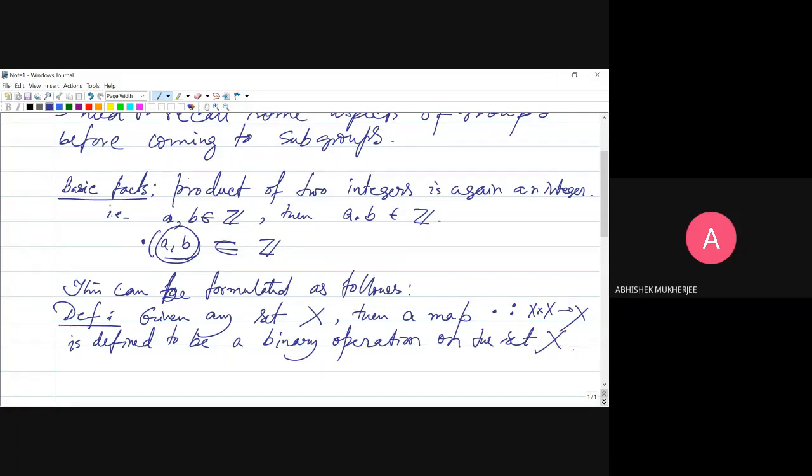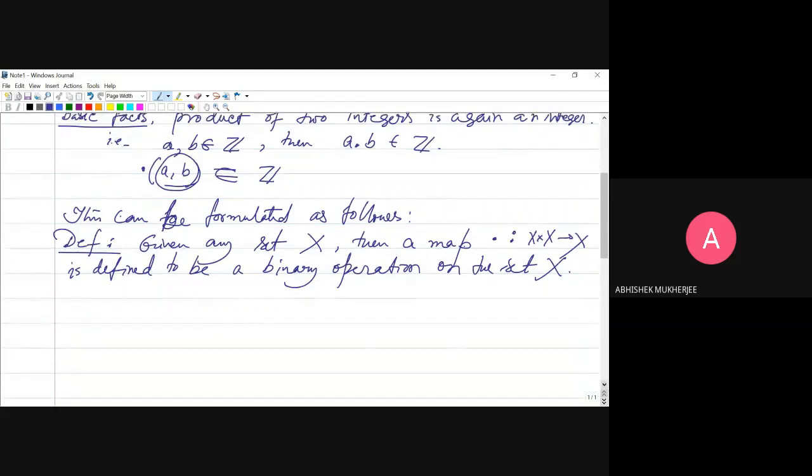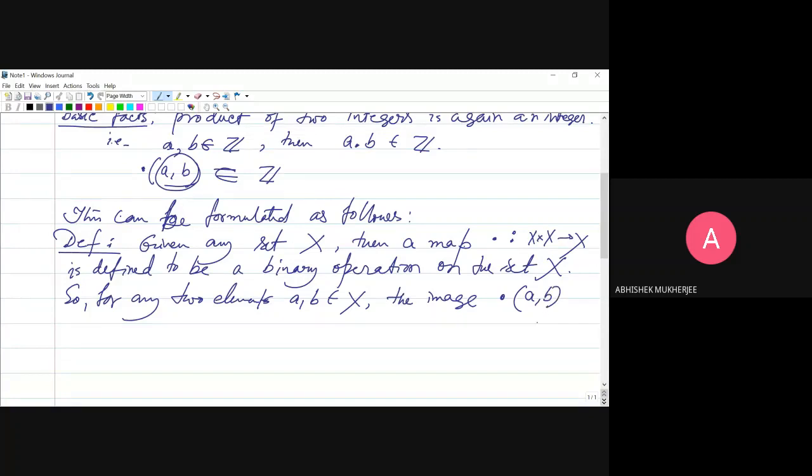You denote it by, for any two elements a, b belonging to X, the image dot of (a, b).